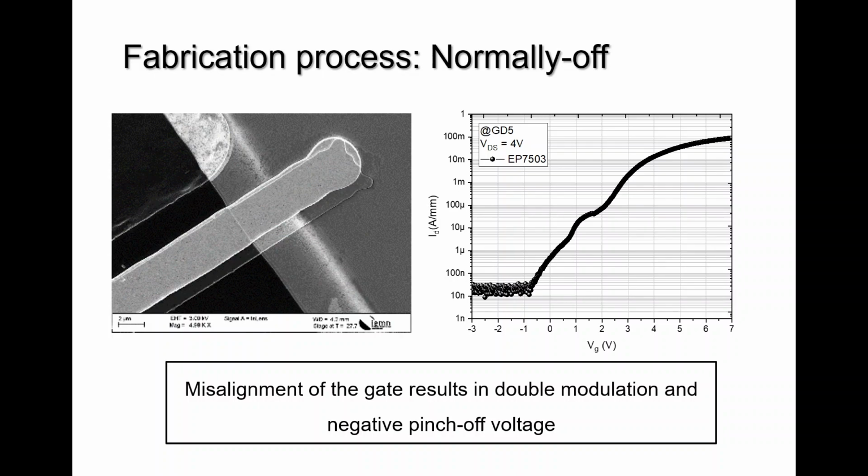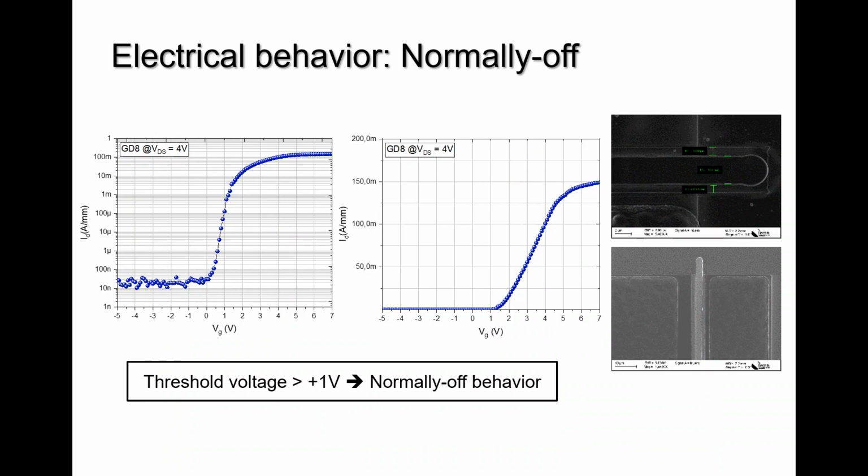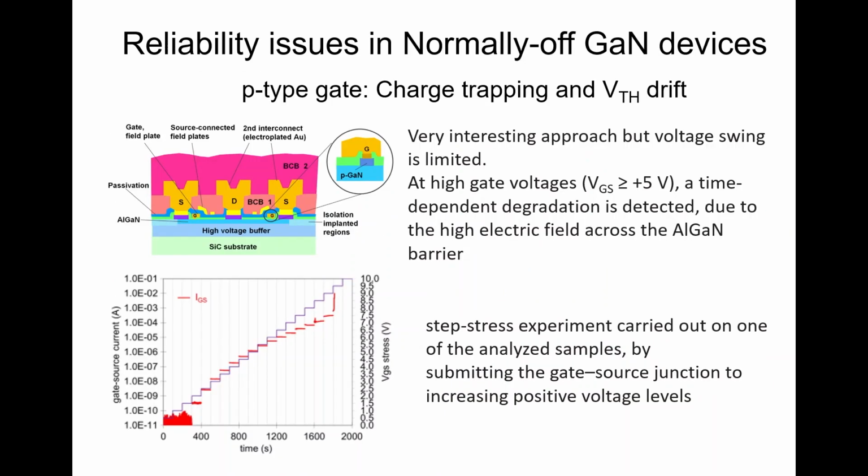And that also somehow highlights the effect of this P-GaN layer. If you're inside and properly aligned, you get a nice normally-off device. Of course, you can get even higher threshold voltage depending on the active layer design. Here it's just about 1 volt in this case, or 1.5, but this can be further tuned. But of course, nothing is perfect. So these are our friends from Padova again here.